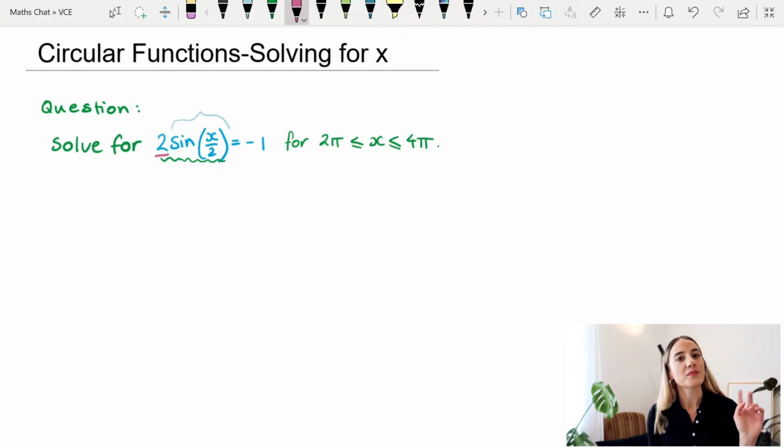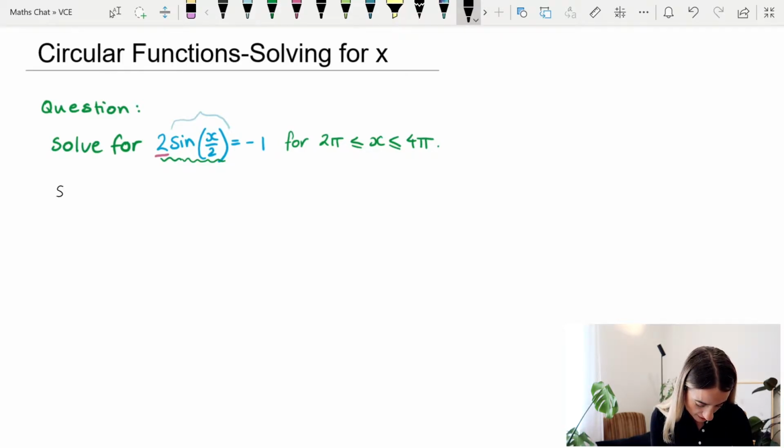So I'm going to put that onto the other side, and to do that we just use what we know about opposite operations. So I'm dividing both sides by 2. So the first step in writing this out is sine x on 2 equals -1 on 2.